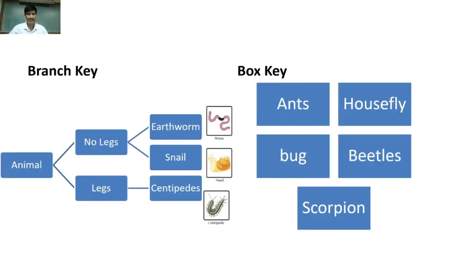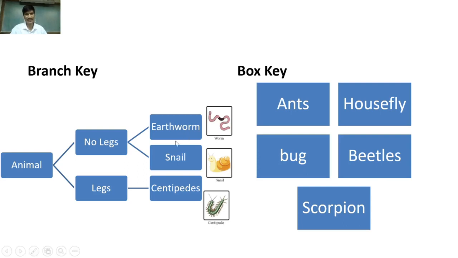Then the next type of key is the branching key. Here we will observe a very simple example of animals. We take a group of animals. Then we take one example, some with legs and some with no legs. Some animals have legs, some animals have absent legs. Then we take one character, legs, and make the bifurcation.